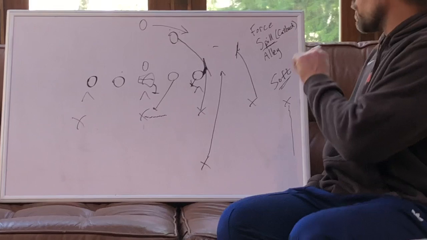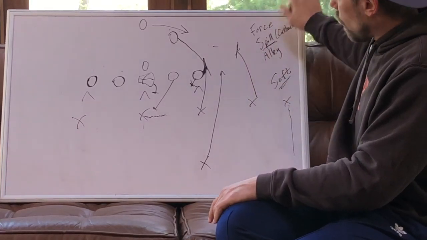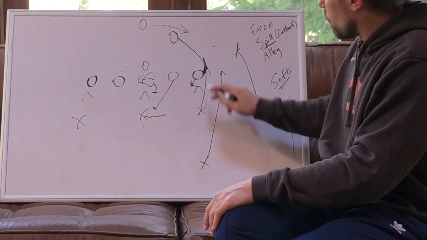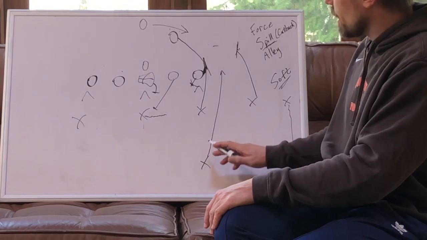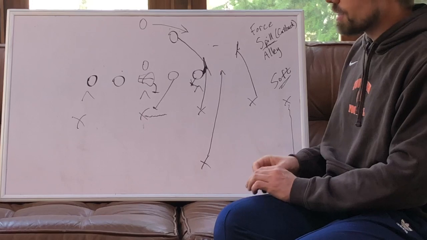As opposed to when we're tracking the ball carrier too, this guy's going to track the outside part of the ball carrier. This guy is going to track the inside hip of the ball carrier. This guy is going to track the ball and come inside out. So the alley player is still an inside out player.